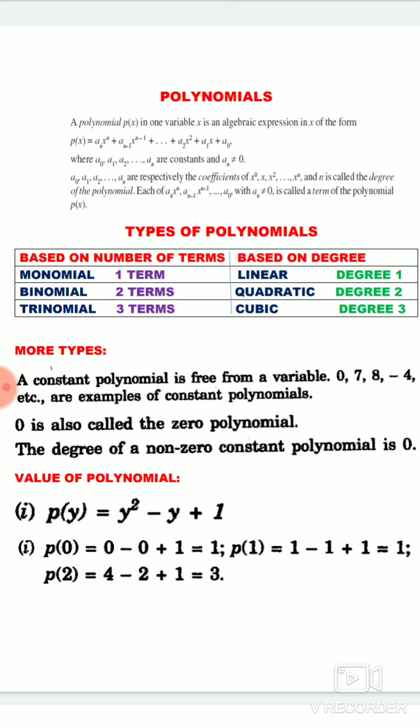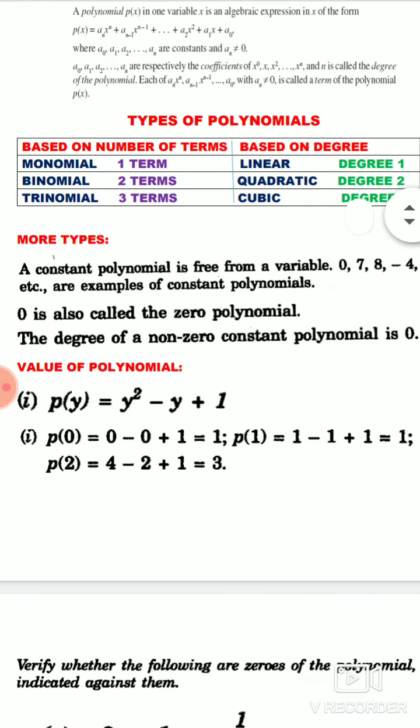Similarly, p(2) = 2 squared, which is 4, minus 2 plus 1, which when simplified becomes 3. So like this we can find the value of any polynomial by substituting that particular number in place of the variable.